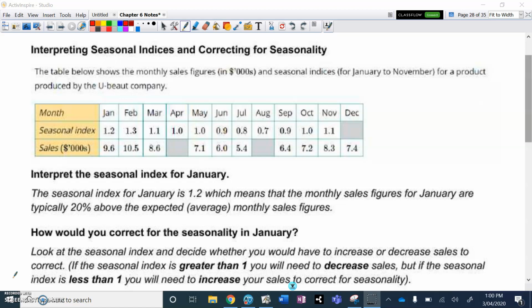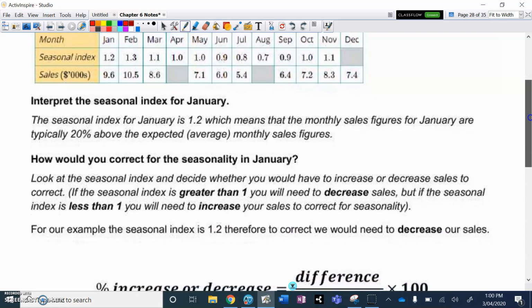So if you're shown that same figure, the January seasonal index of 1.2, as we've already discovered, means January sales are 20% above average for that particular year. So to correct that, because it's above average, you need to decrease your sales. If you're looking at August, for example, and you know those sales are below average, then to correct that, you need to increase your sales.